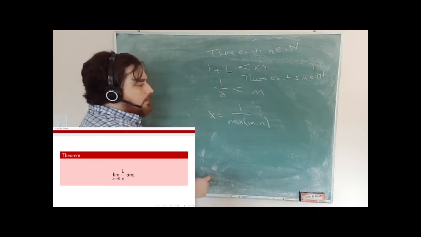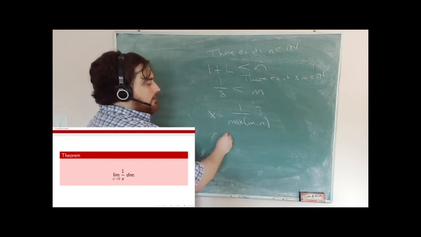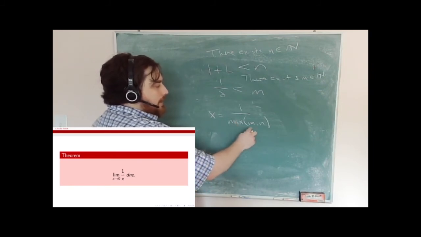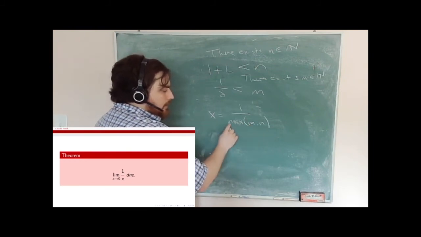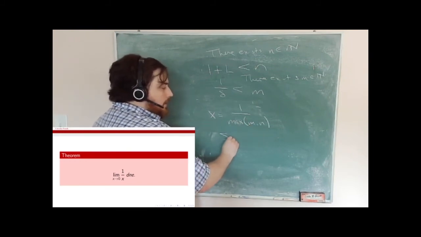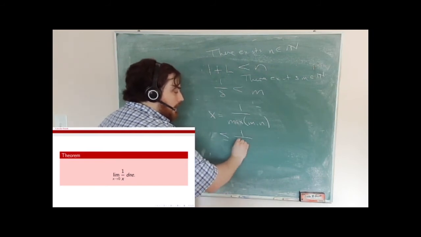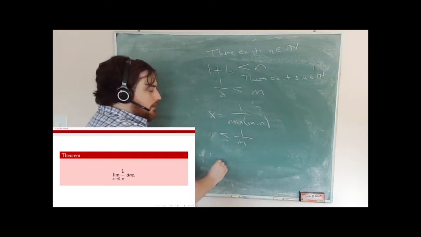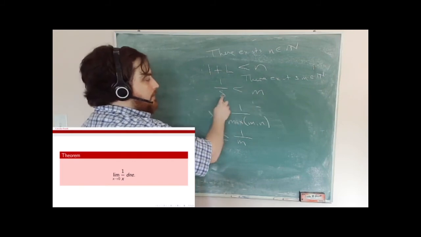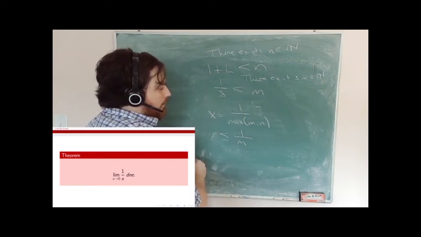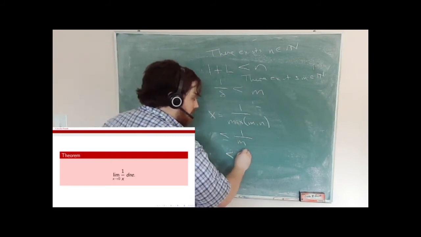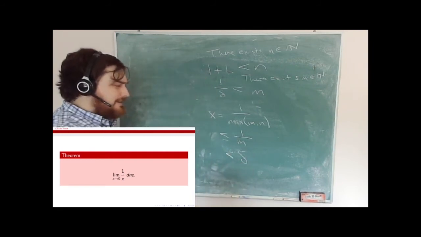Now what I want to point out about x is that since the maximum is bigger than or equal to m, this is going to be less than or equal to 1 over m, which, since m is bigger than 1 over delta, 1 over m is smaller than delta, so this is less than delta.